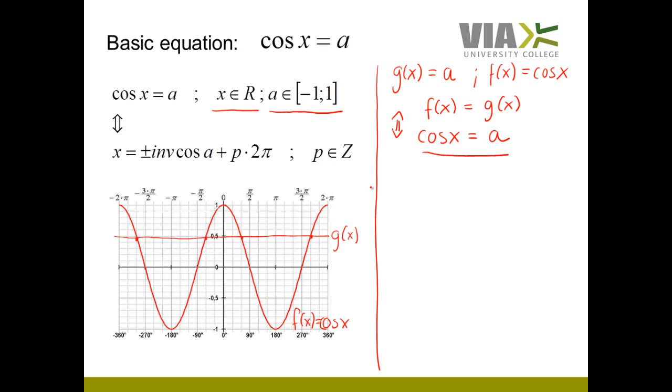Alright, so how do we solve cosine x equals a? Well, let's look into one example, and then afterwards we will look at the general picture. Here we have the unit circle, and as you hopefully recall, the cosine value we'll find on the x-axis.